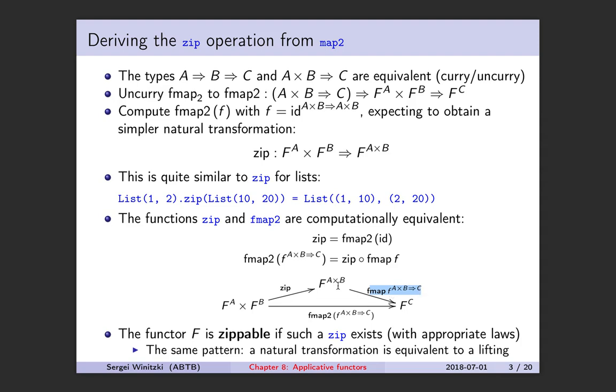Therefore, these two are identical, and so zip is equal to Fmap2 of the identity. So that is this equation, and otherwise you get the second equation. So we can think now that applicative functors that were initially defined as something that has map2 could be equivalently defined as something that has zip.